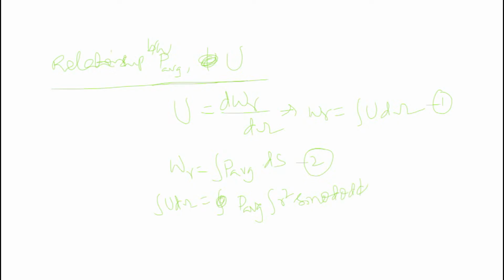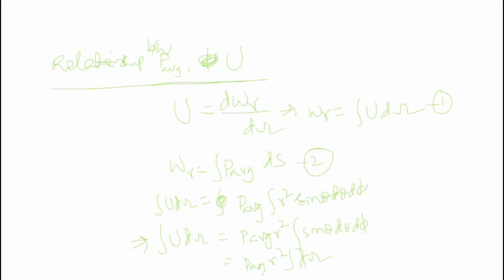So integration with respect to theta and phi. We can write this r square outside of the integration because there is no integration with respect to r, in sin theta d theta d phi. And we can write this as the P average into r square integral d omega.